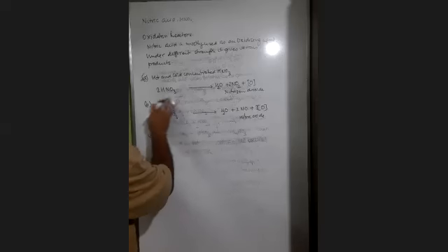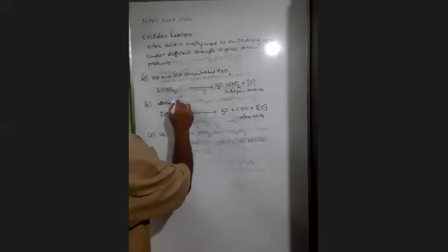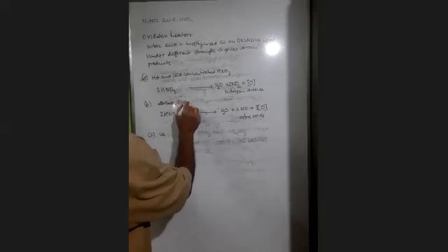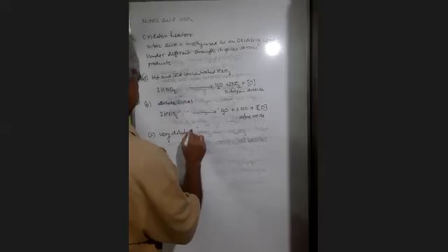Okay, I'll not write moderate because you may get confused. I'll write here dilute and here cold, very dilute. This is dilute and this is very dilute. This is hot.